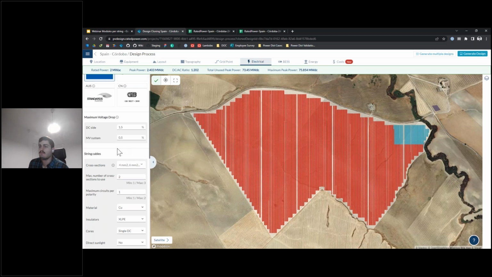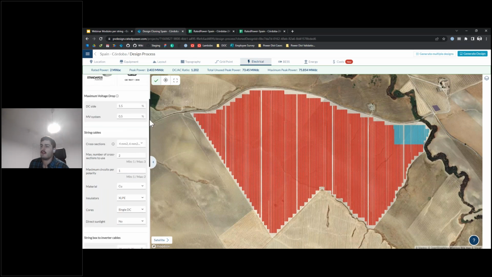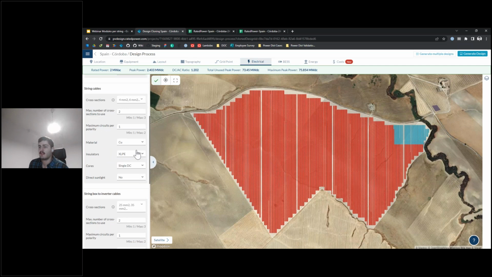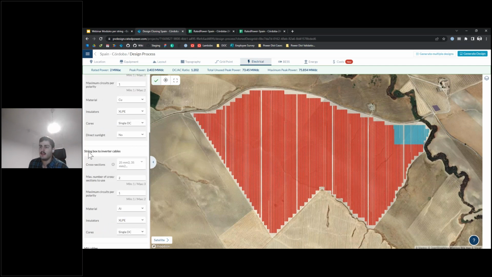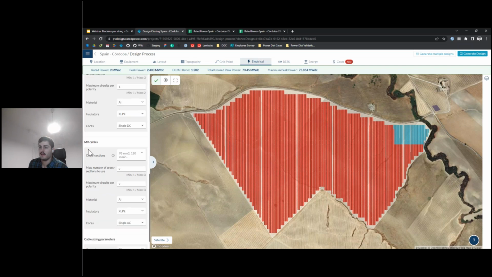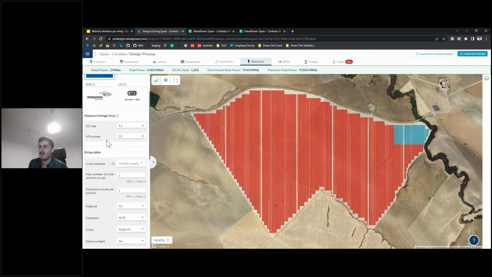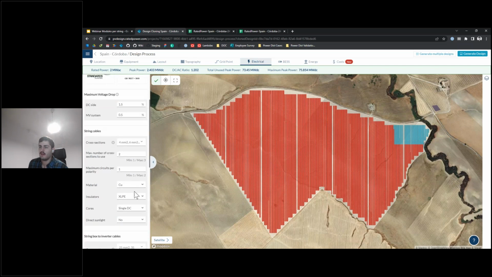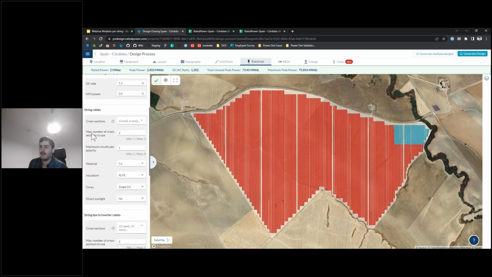And then for each one of the different levels that we have in the plant, the string cables, the cables that will go from the string box to the inverter, and then the medium voltage cables, we will have different options that we can modify. So the sections that we want to evaluate, the number of cross sections that we want for each level.